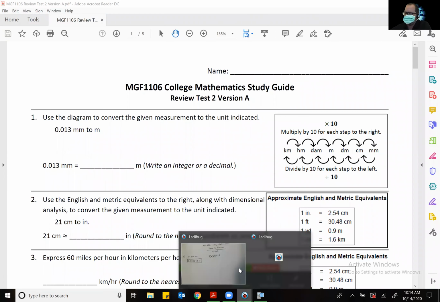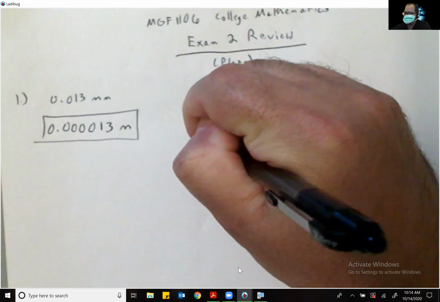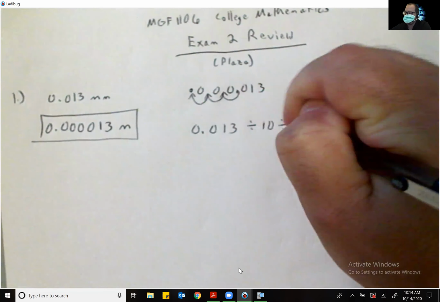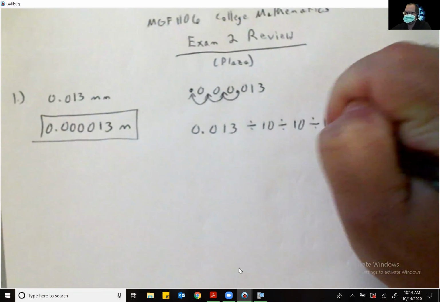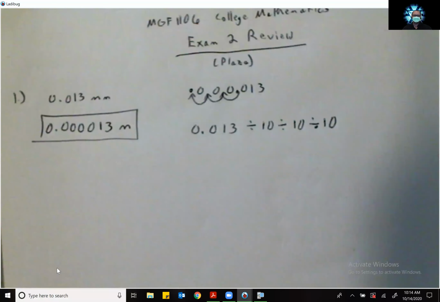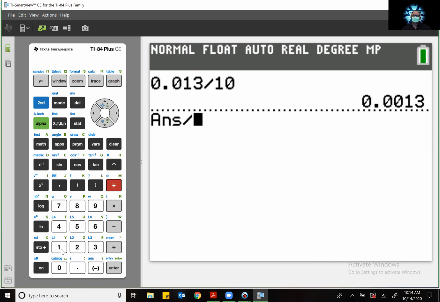All we need to do is take 0.013 and divide by 10, divide by 10, and divide by 10. So we go to our calculator, 0.013, and you just hit divide by 10, and then divide by 10, and then divide by 10.